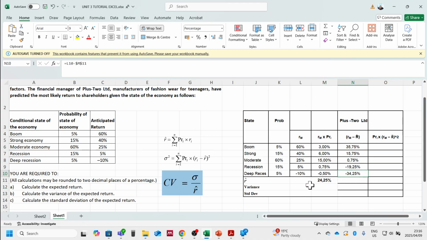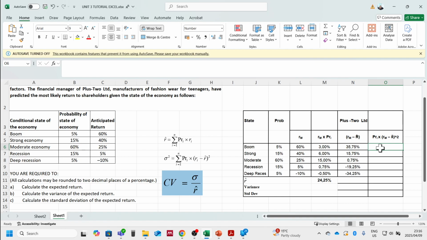Whereas under depreciation, we're seeing that from minus 10% to 24.25%, this is minus 34.25%. And then this brings us to our last calculation, which is the variance for number B.